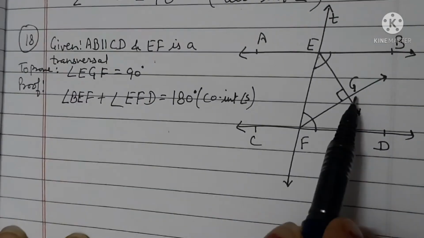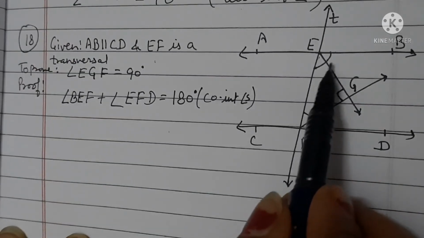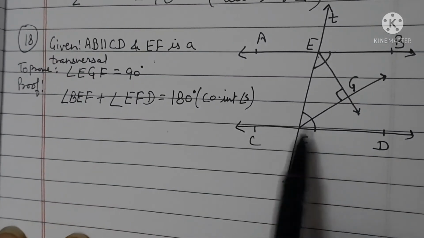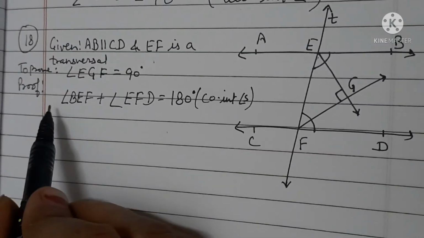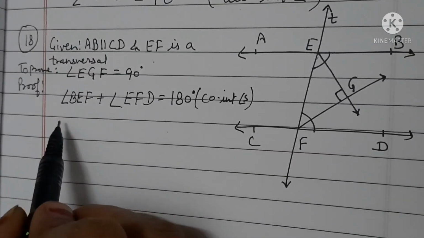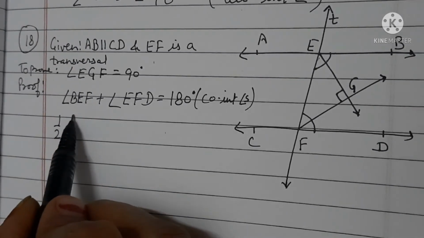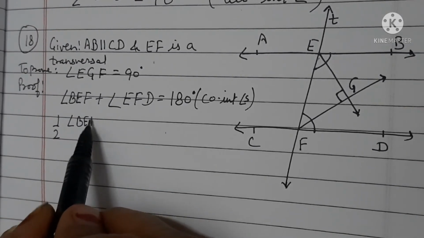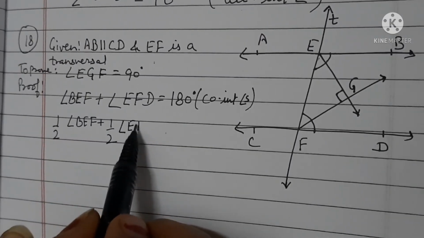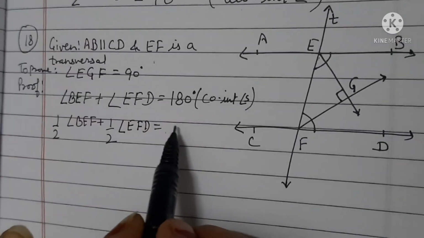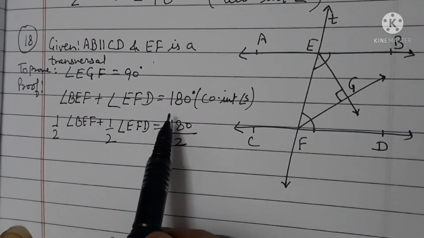Now bisectors means the angle divides in two equal parts. So use, or you can say half on both sides. So write down half angle BEF plus half angle EFD is equal to 180 by 2, dividing by 2 on both sides.